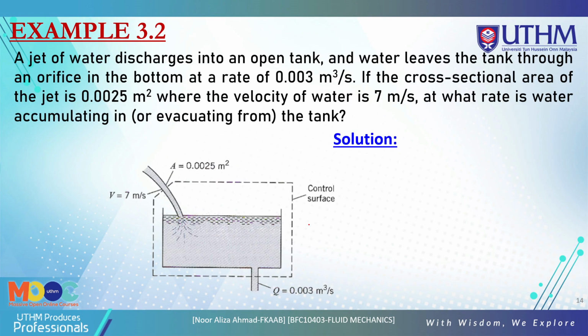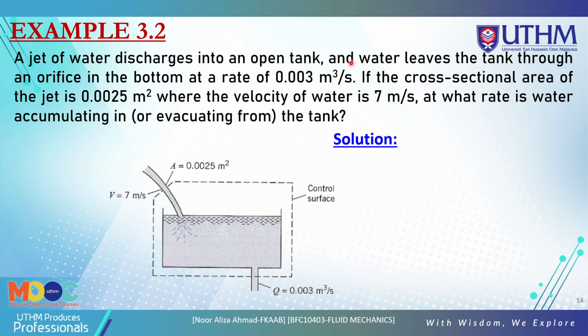Okay, so that was example 3.1. Now example 3.2: a jet of water discharges into an open tank, and water leaves the tank through an orifice at the bottom at the rate of 0.003 meter cube per second.